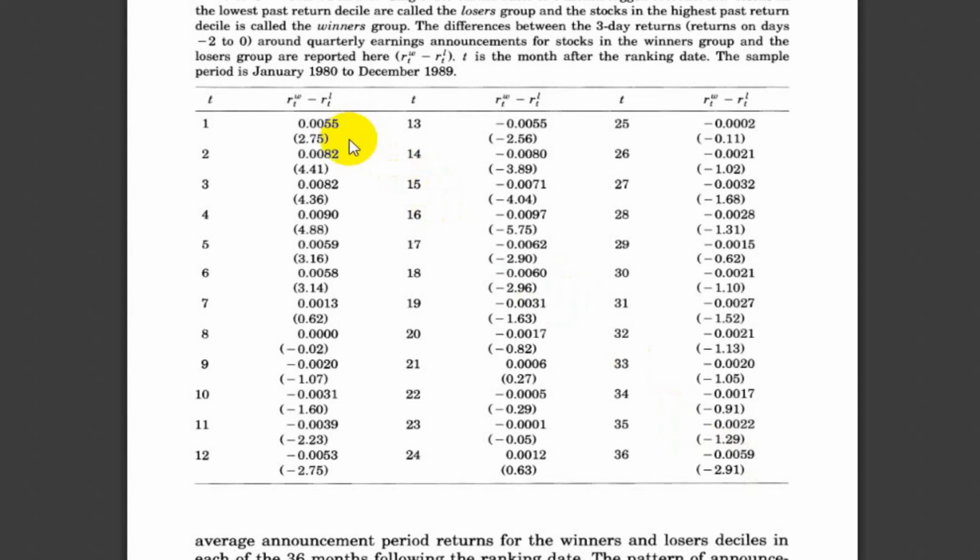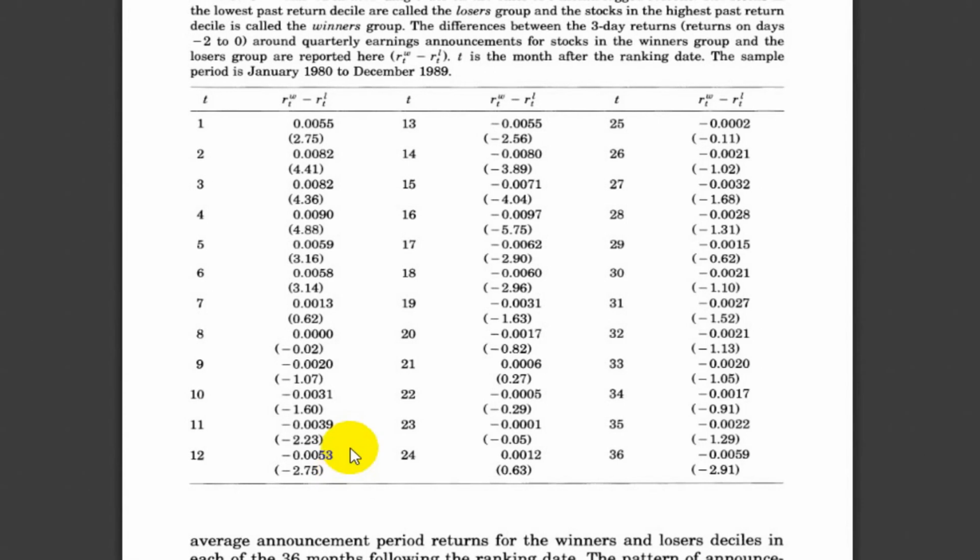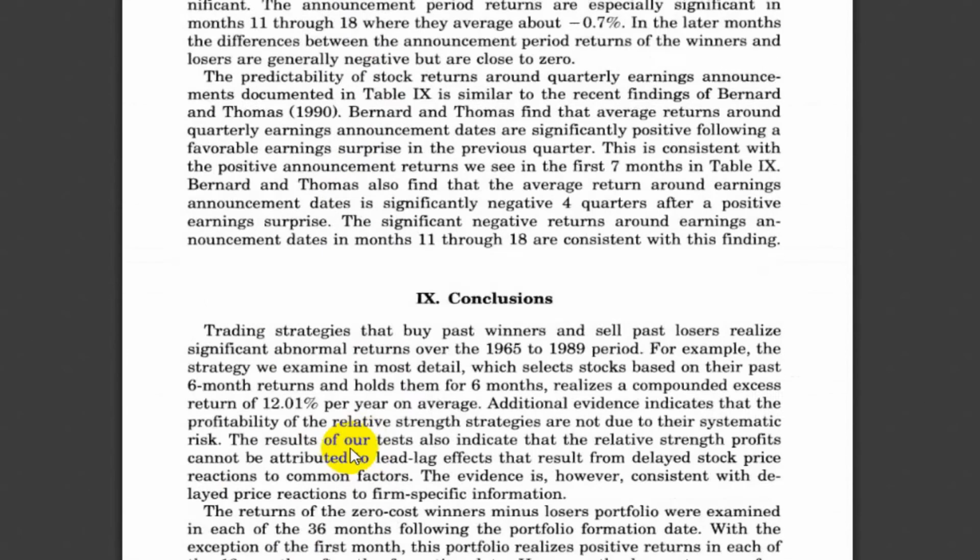And this finding is consistent with Bernard and Thomas in 1990, who found returns to be significantly high a quarter after a positive earnings surprise, and for the return to be significantly negative 4 quarters after that earnings surprise. So let's sum all of this up in a conclusion.